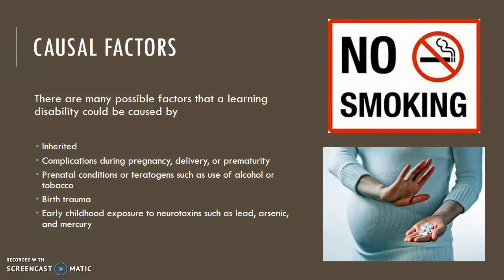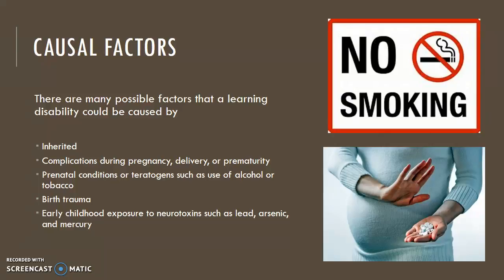With learning disabilities, there are factors that may cause them. Some of those factors are that it could be inherited, passed on from their parents. Another is complications during pregnancy, delivery, or prematurity.